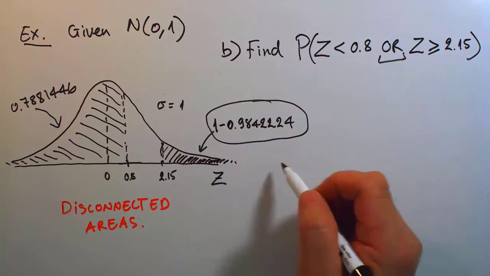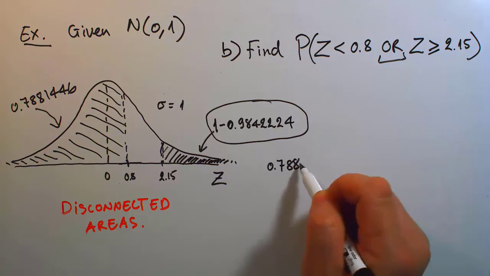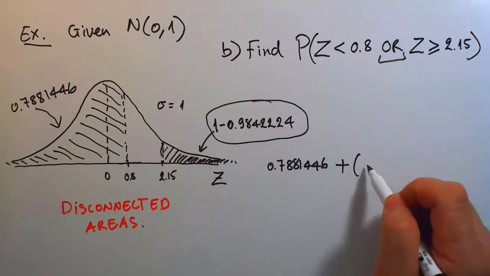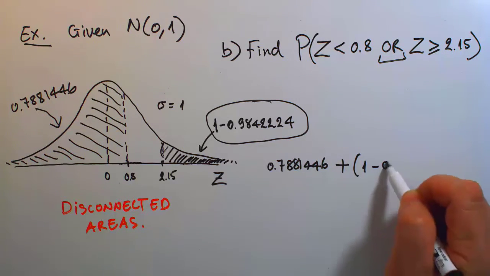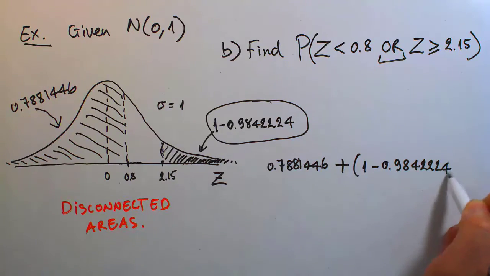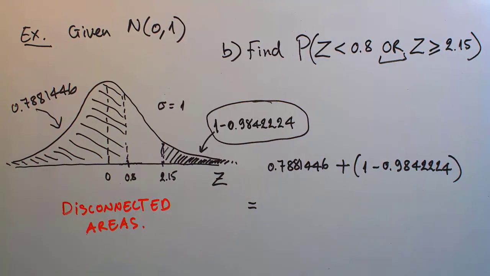And so putting it all together, I'm looking at 0.7881446, and I'm adding the other right-hand side piece being 1 minus 0.98422224. Okay, and so now I'm ready for a final calculation.